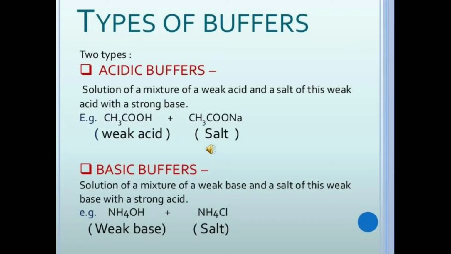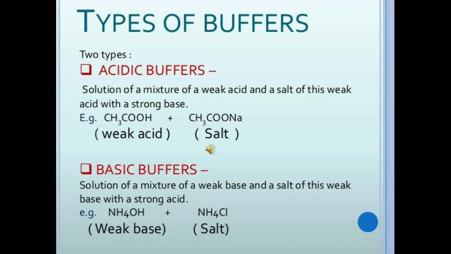Suppose a small amount of strong acid is added to the buffer solution. The H+ ions of the acid react with the basic component, the CH3COO- ion, in the buffer. Most of the added H+ ions are consumed because the concentration of CH3COO- in the buffer solution is high.